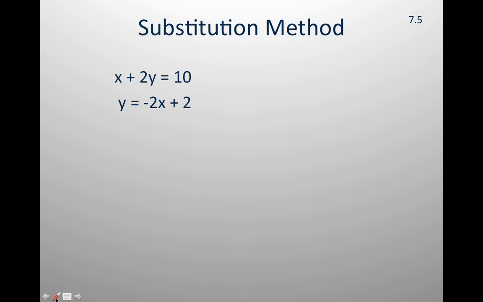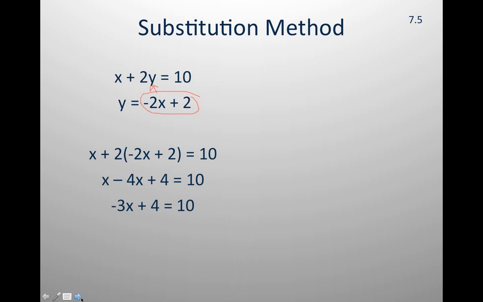Okay, here's another one for us. The second problem is written in slope-intercept form. So that means we can take out the y here and plug in the negative 2x plus 2. We'll distribute 2 times the negative 2x plus 2. And from there, we'll combine the x's to come up with negative 3x plus 4.